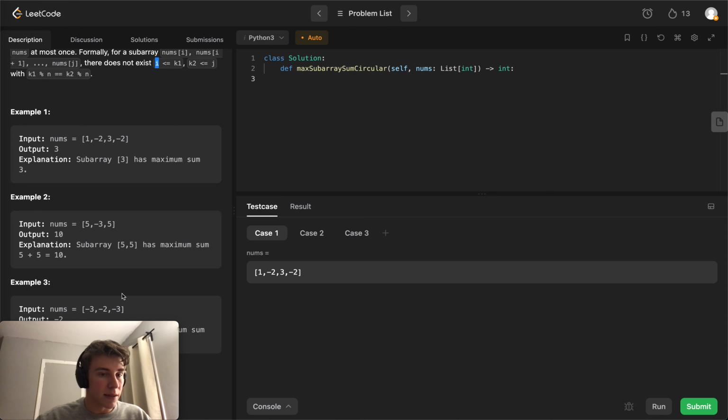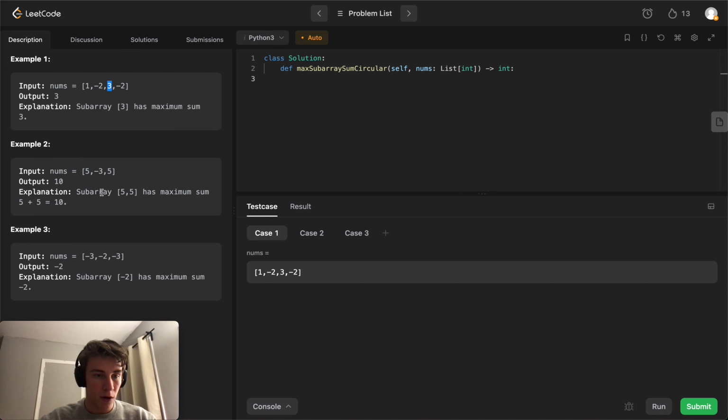Example number 1 is nums is 1, -2, 3. Just visually, I can see that the max subarray is going to be this one value. However, in example 2, in the traditional sense of this question, the answer would actually be 7, because you would have to include both of the positive 5s as well as the -3 integer.